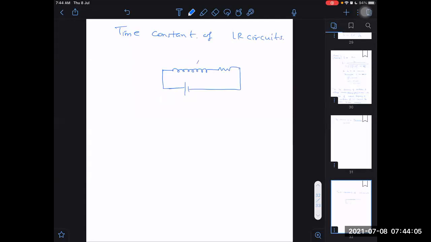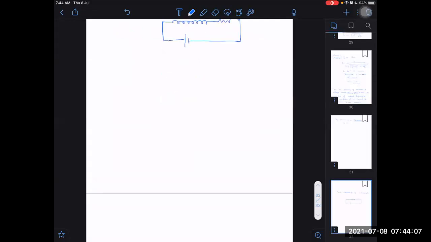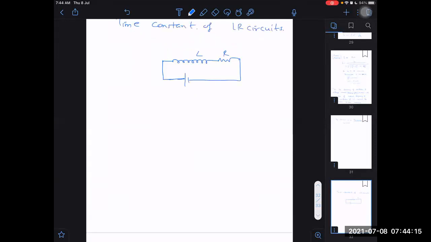What is the time constant for this? To determine the time constant, this is R here, and here a switch S was there, which was opened at t equal to 0.